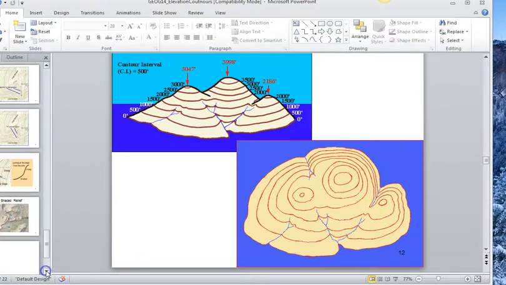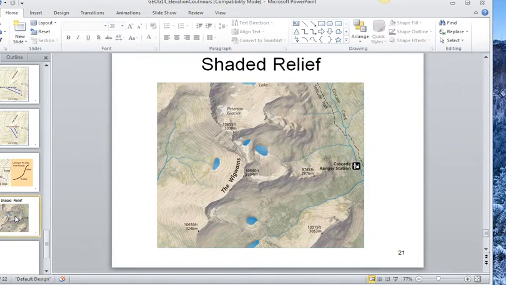And those help you get a sense of what those lines look like. And then sometimes you can get maps that have contour lines, which are absolute relief, plus shading, which would be relative relief. And the relative relief really helps you visualize the steepness of that slope.